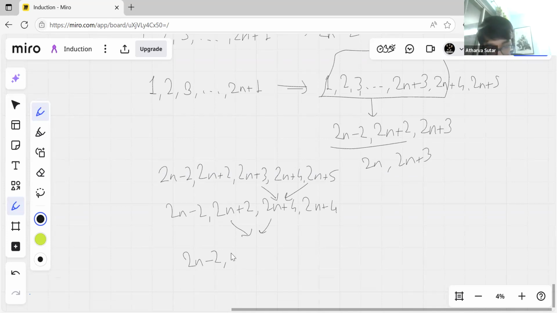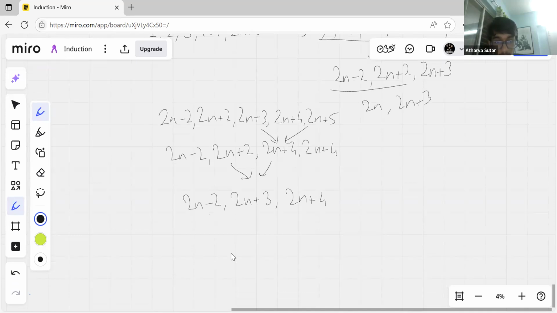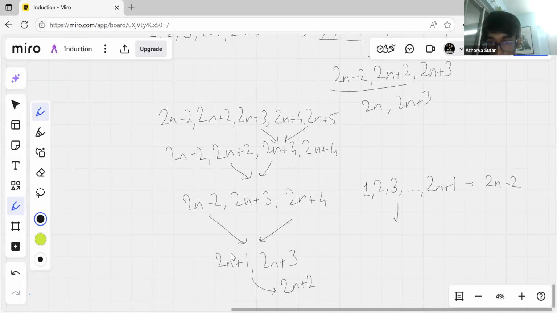So you get... and finally you get 2n plus 2. So you have proved that if it's true for 2n plus 1, this would lead to 2n minus 2, right? You also proved that this would imply... so does everyone see why this finishes?